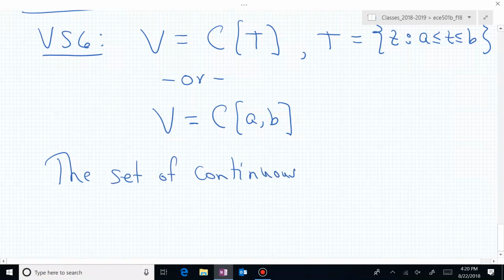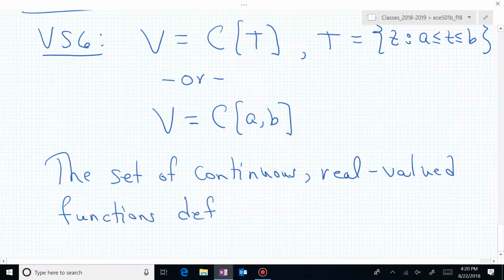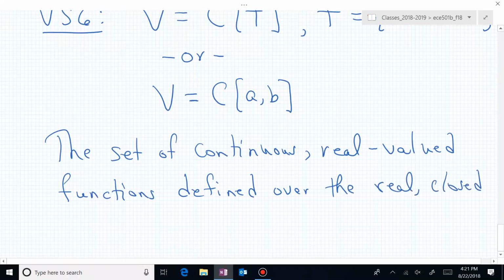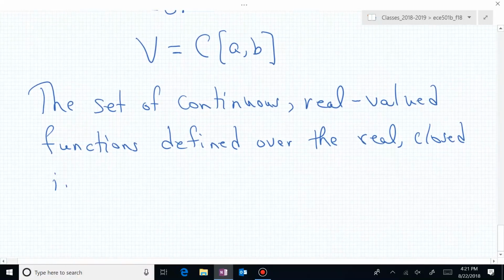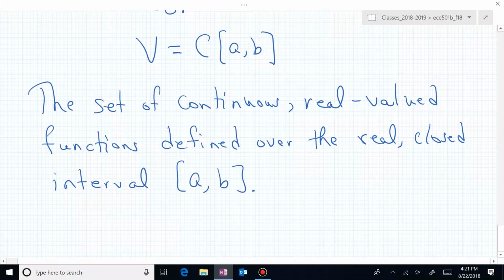This vector space then is the set of continuous real valued functions defined over the real closed interval a comma b.